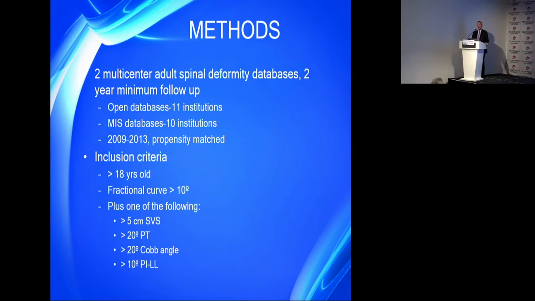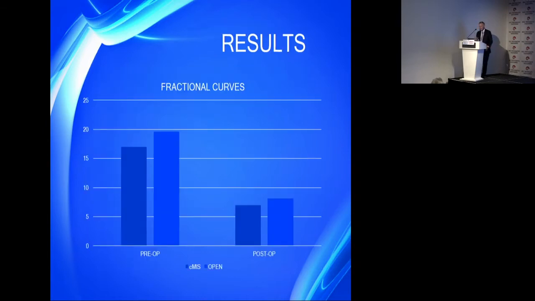They were propensity matched for this analysis. The inclusion criteria were greater than 18 years old, a fractional curve of at least 10 degrees, and at least one of the following: SVA of 5 centimeters, a PT of at least 20 degrees, a Cobb angle of at least 20 degrees, and PI minus LL of at least 10 degrees.